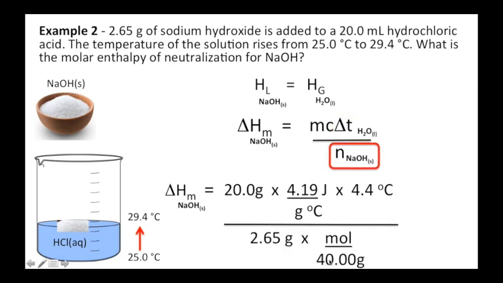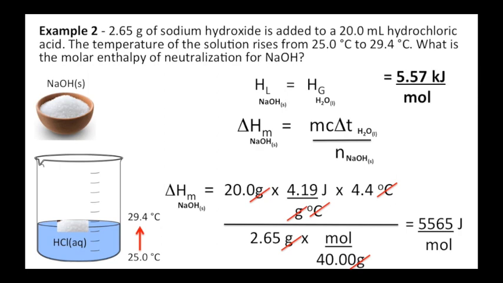My molar mass is 40.00 grams per mole. I invert that, cancel my grams. There's the cancellations, and we get 5565 joules per mole. And I can change that to 5.57 kilojoules per mole because I need 3 significant digits.